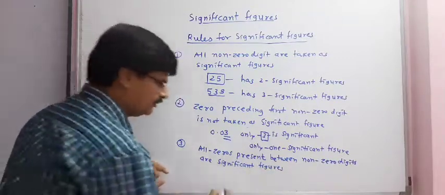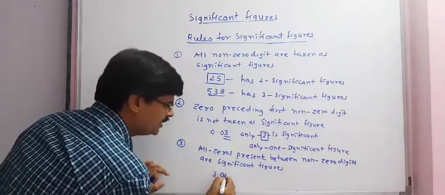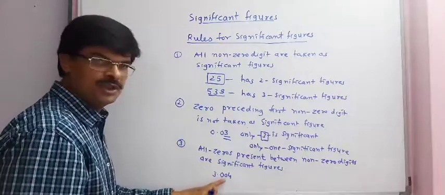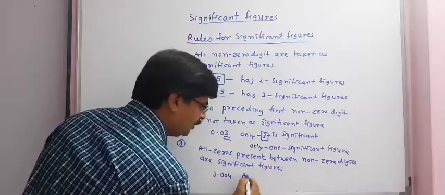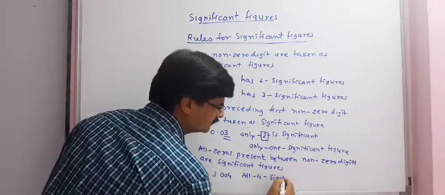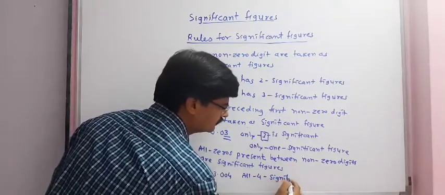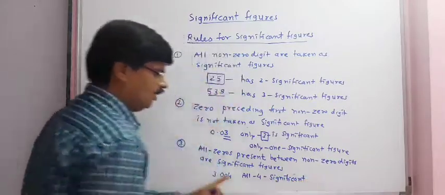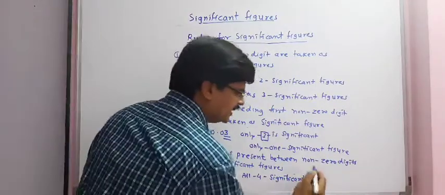Take the example of 3.004. Here we have 3, 0, 0 and 4. All 4 digits are significant digits.